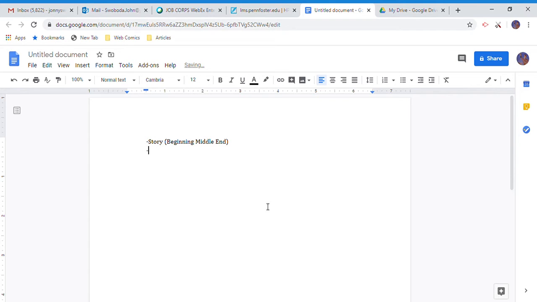There have to be characters, at least two. There has to be dialogue, which you'll find in the requirements if you read through. People talking. There has to be some description for the reader's imagination.